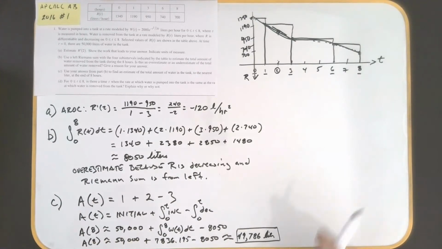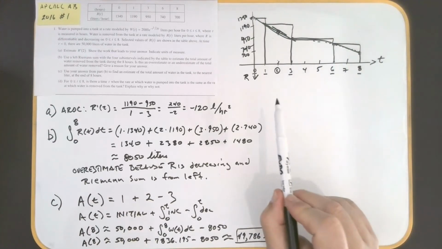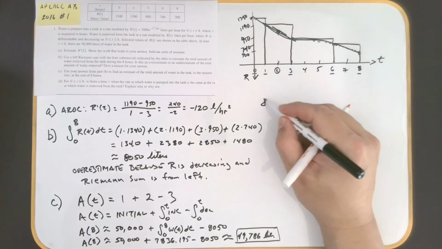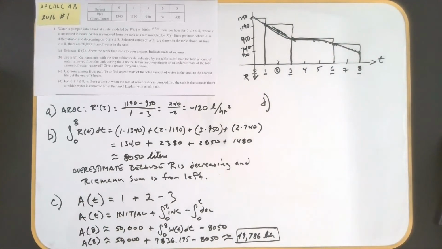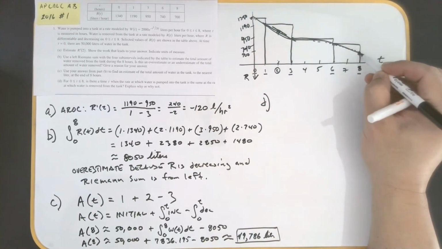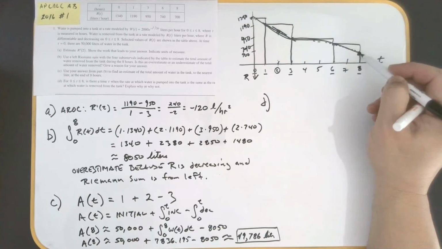So the first thing I want to do is just show, in this same interval, the rate that the water is being put in. I'm going to change colors here just to see this a little easier on the graph. So this is going to be part D right here. Well, here's what I know from the table. I know at the end of the day, the rate the water is being removed is 700.